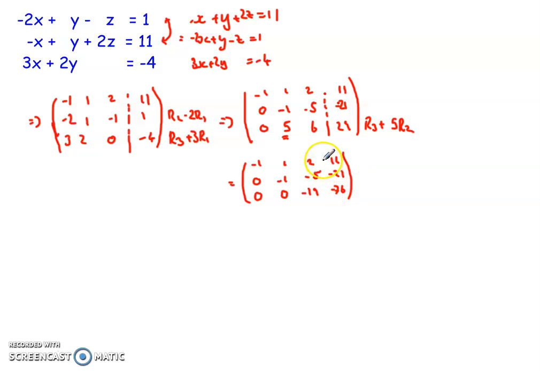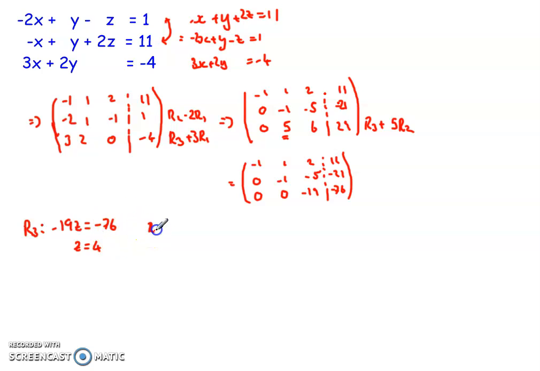And now that I've got it in that upper triangular form, I can start to read off the lines. So using row 3, what I can tell you is that -19z is equal to -76. So from that, I can tell you that z is equal to 4.